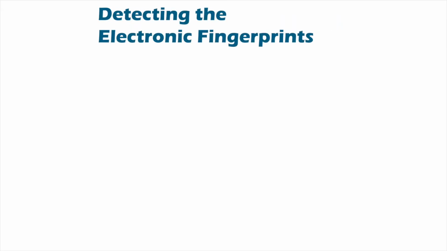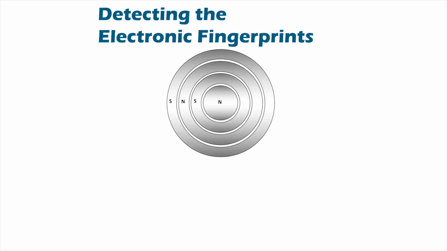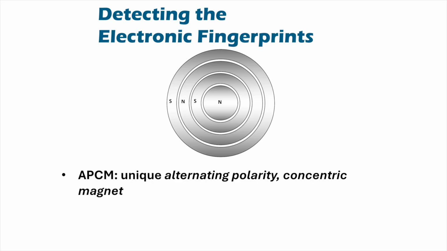So we actually detect the electronic fingerprints of injury using a unique device called an alternating polarity concentric magnet, which we've actually determined generates a form of microcurrent when applied to the body, and therefore stimulates the actual correction of the underlying restriction, which causes electronic distortion in that area.